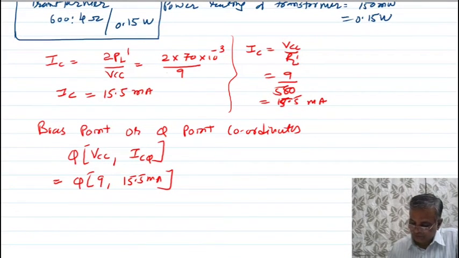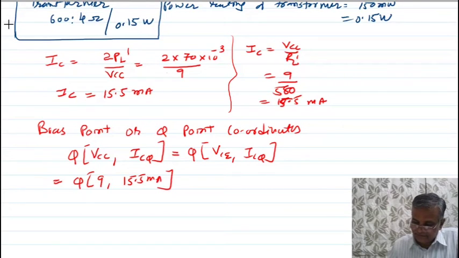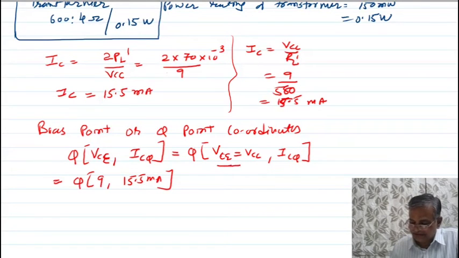Or for your more understanding I can write, your Q point is nothing but VCE comma ICQ. Let me write here VCE, then VCE is nothing but VCC comma ICQ. So VCE is 9, and ICQ I have calculated as 15.5.